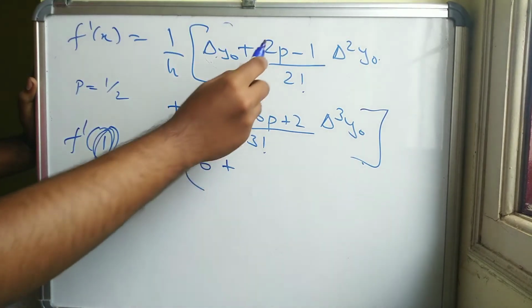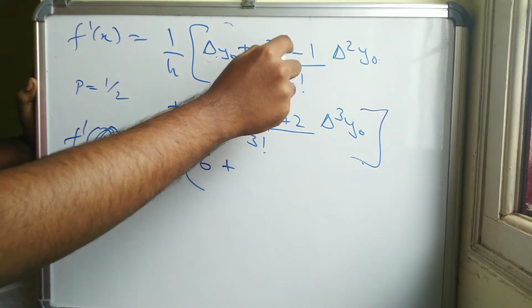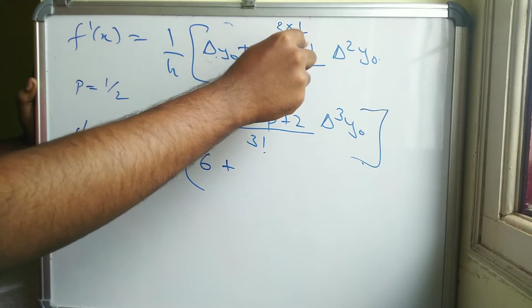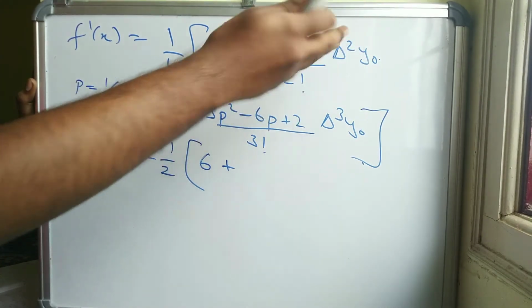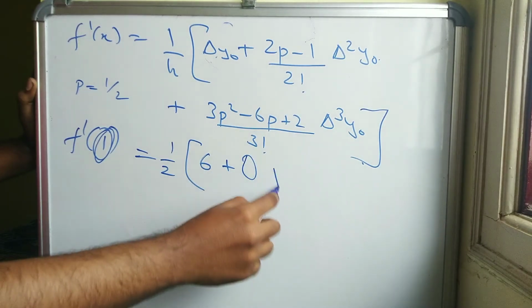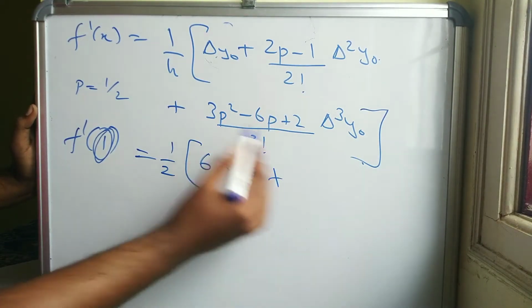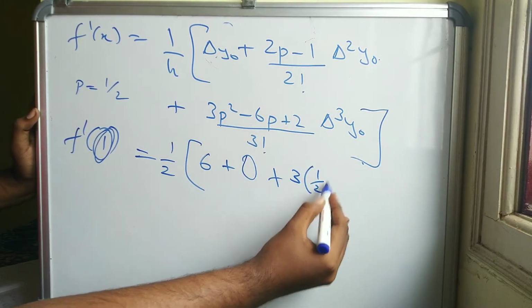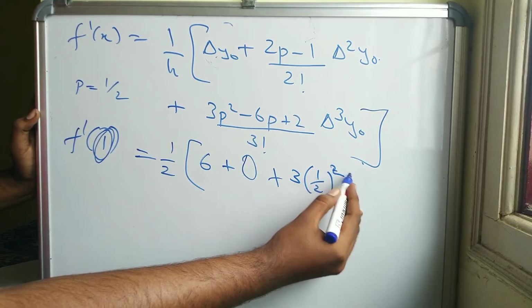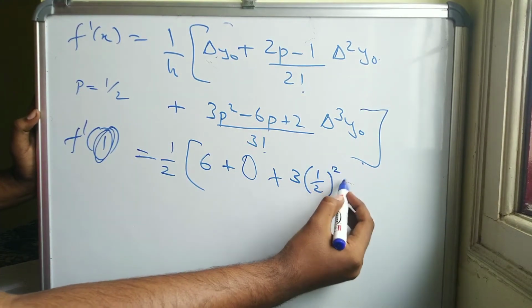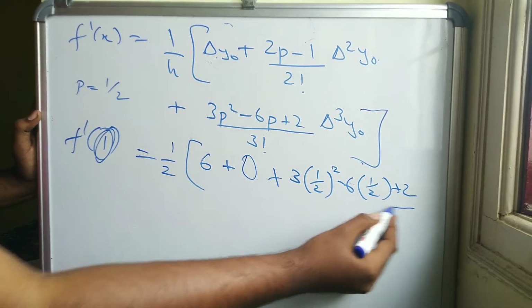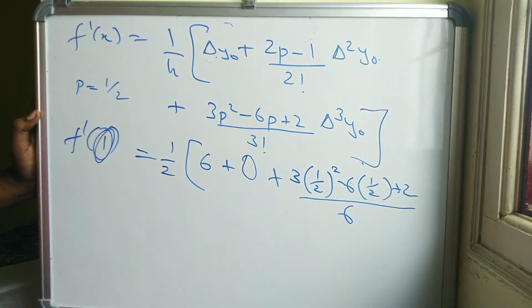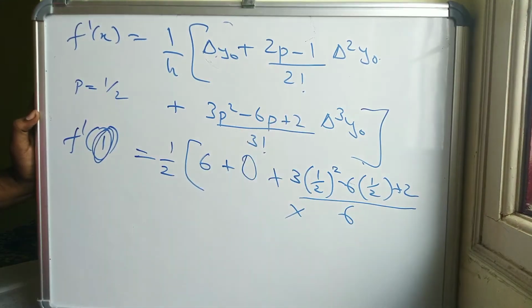Okay, so I'll show you. This is 2 into 1 by 2, that cancels, this becomes 1. 1 minus 1 is 0, so this whole term becomes 0. Plus 3 into 1 by 2 the whole square, minus 6 into 1 by 2 plus 2, divided by 3 factorial 6, into delta cube y0.